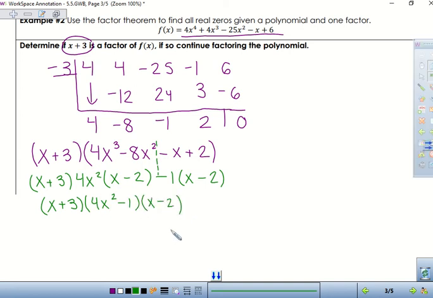Now, is this fully factored, or is there more we can do here? There's more. We can do difference of squares, because this right here is the difference of two squares, right? So this can then additionally be factored one more time into 2x plus 1 and 2x minus 1.